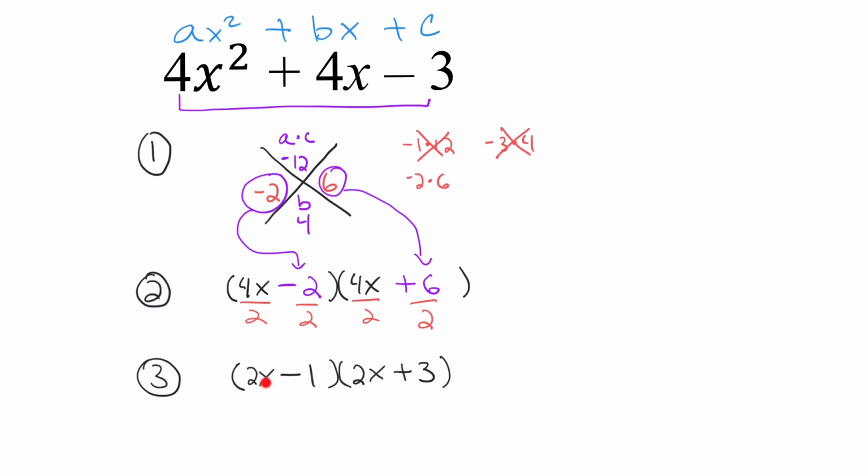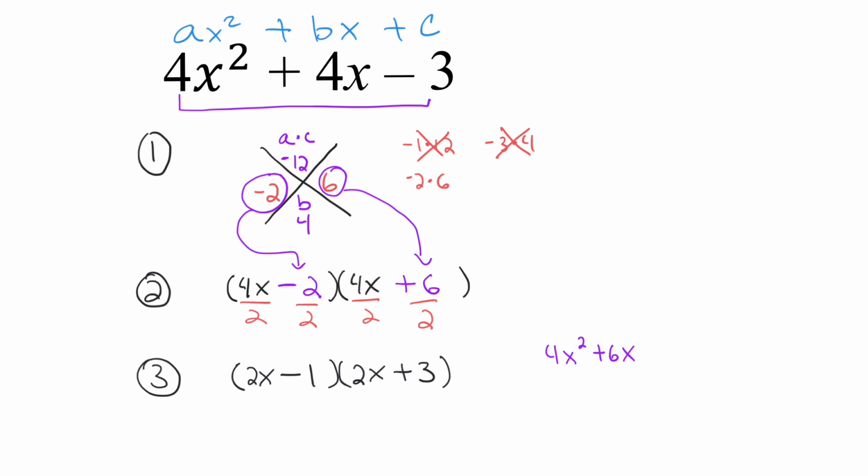I'm going to multiply the 2x times the 2x, and I'm going to put it on the side over here. That's going to be 4x squared. I'm going to multiply the 2x times the next term, 3. So 2x times positive 3, that's going to be positive 6x. And then you multiply the next term in the first parentheses, negative 1 times 2x.